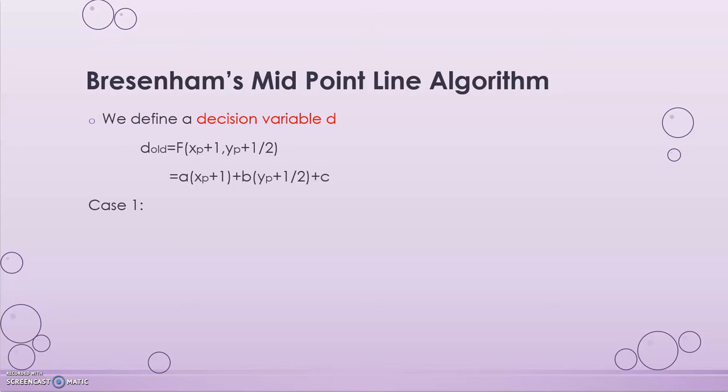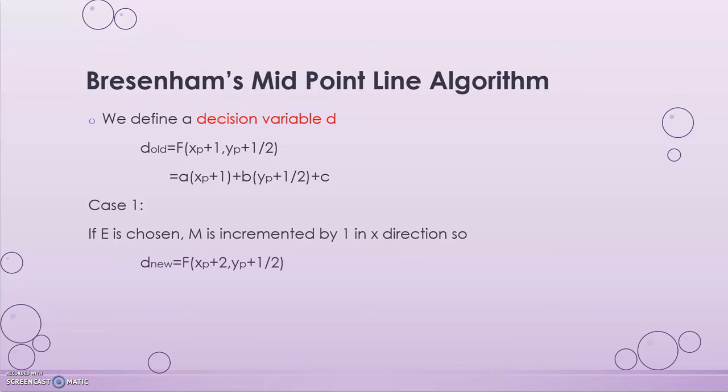Now we have case 1, that is, if E is chosen. If the east pixel is chosen, M is incremented by one in the x direction. So d new is equal to f(xp + 2, yp + 1/2), only x is incremented by 1. We put it into the equation: a(xp + 2) + b(yp + 1/2) + c.